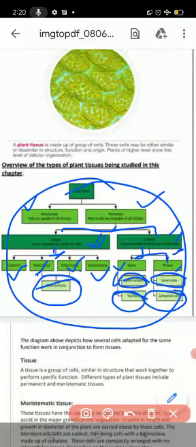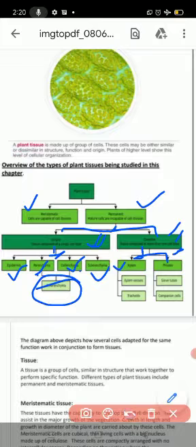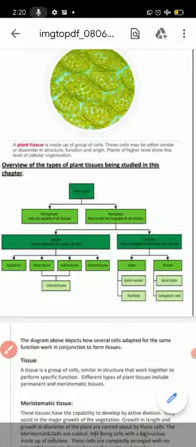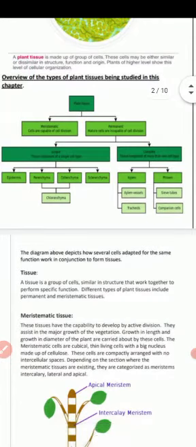Okay, that is the overview of plant tissue. Now we study the definition of plant tissue. A tissue is a group of cells, whether in a plant or an animal.